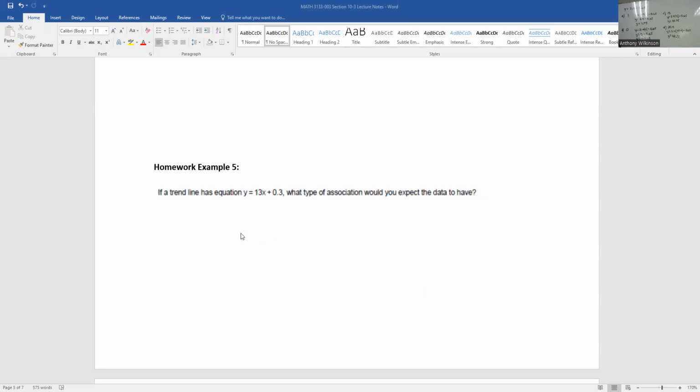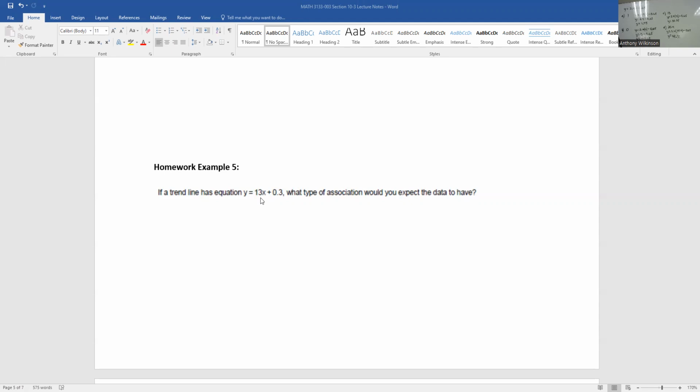It'll be positive. Here's why. This equation, y equals 13x plus 0.3, is in slope-intercept form. If you remember slope-intercept form, that's y equals mx plus b, where the coefficient of your x term is the slope. And the slope here is 13, and it is positive.